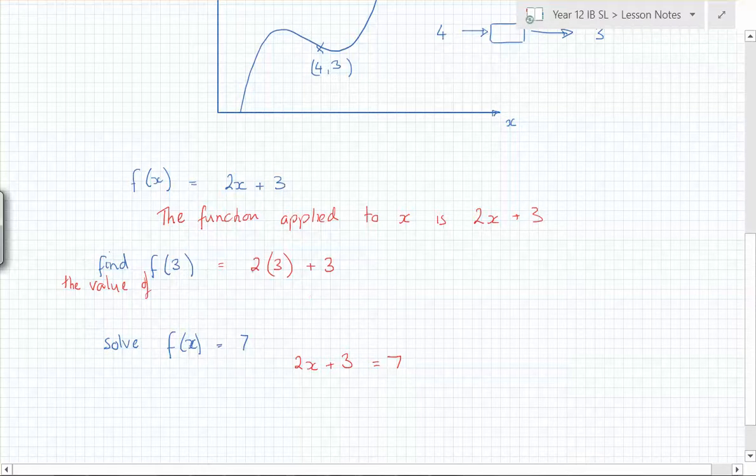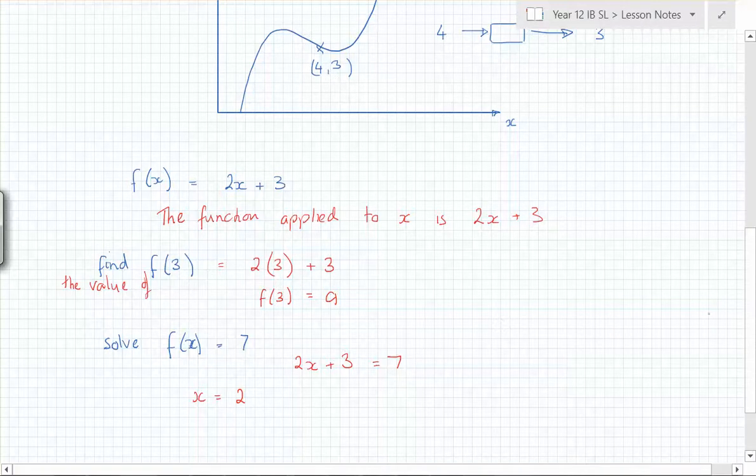So the value of f of 3 equals 9. And f of x equals 7 when x equals 2. Easy. No problem whatsoever, no?